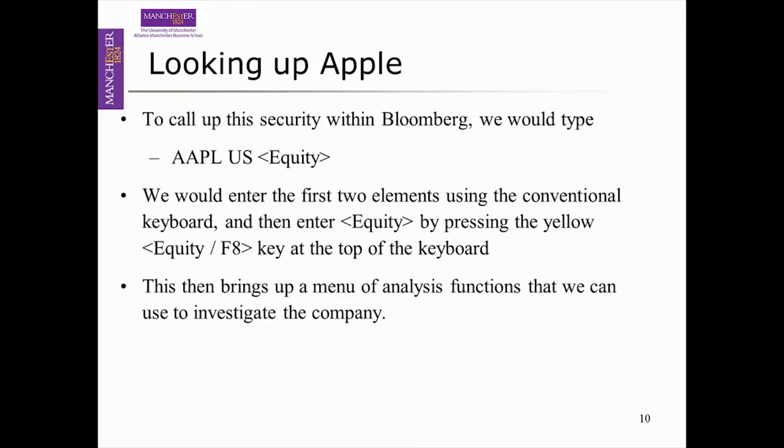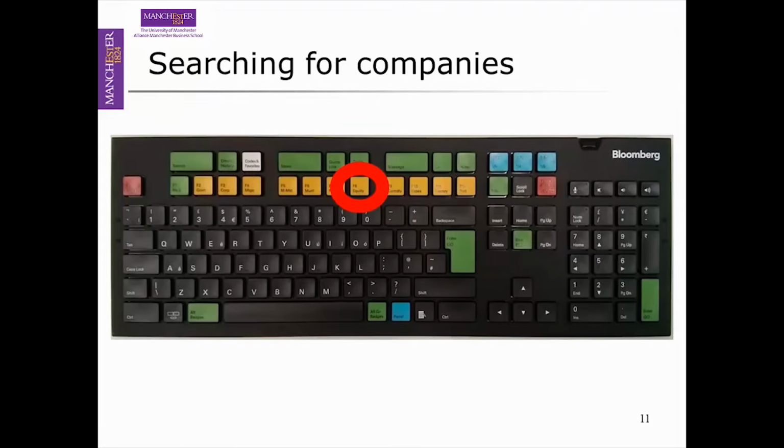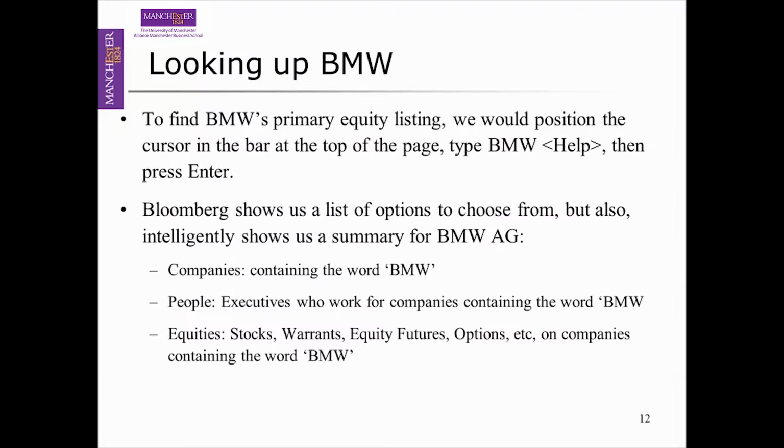To call up this security within Bloomberg, we would type AAPL-US and then equity, entering equity by pressing the yellow equity or F8 key at the top of the keyboard. This would then bring up a menu of analysis functions that we could then use. Once again, here is the yellow F8 equity key.